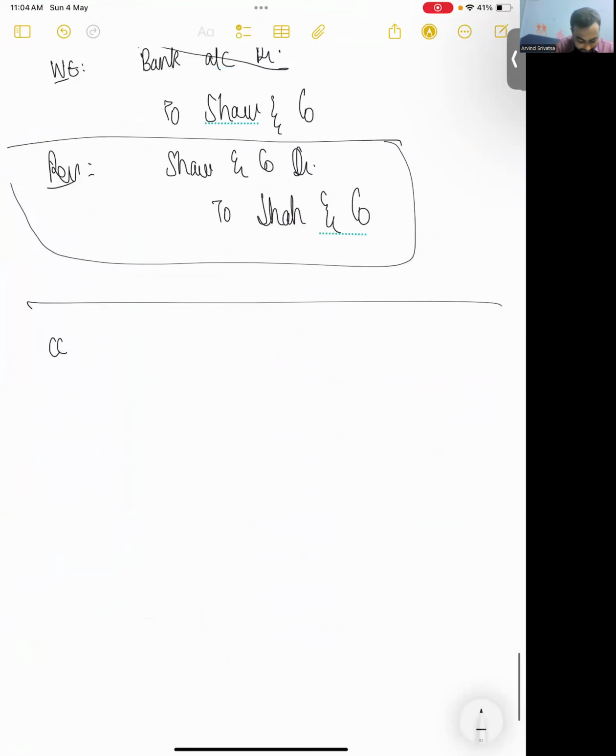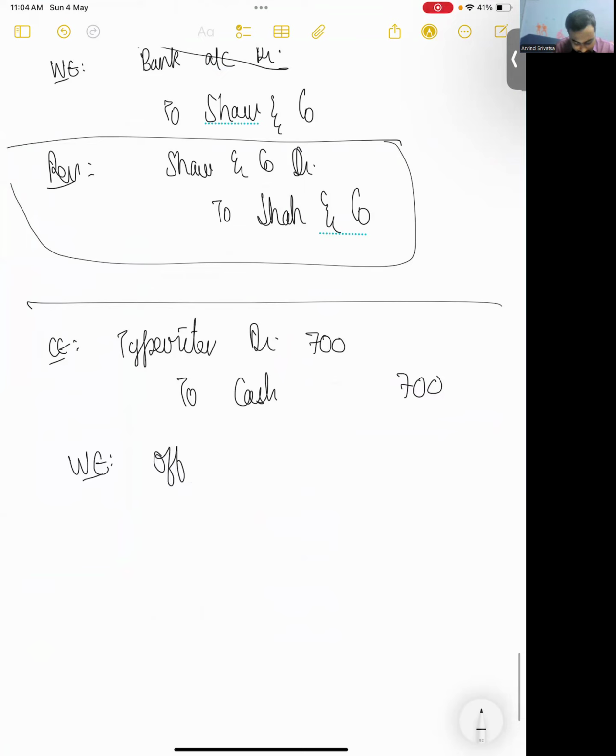So the entry you should have passed is typewriter debit 700 to cash 700. Wrong entry is office expenses debit 700 to cash 700. It's just frozen, just a moment, guys. So when you reverse it, it'll be cash account debit to office expenses account.